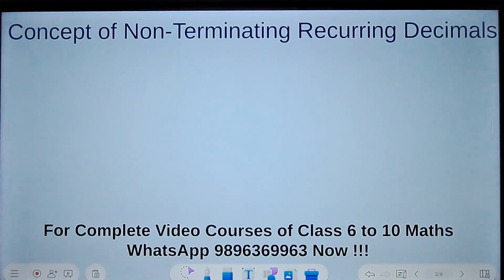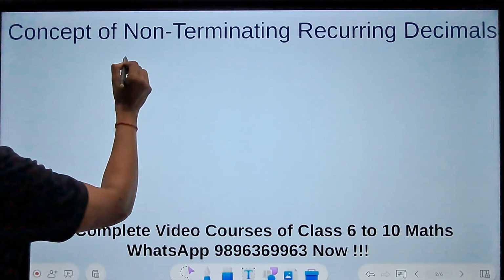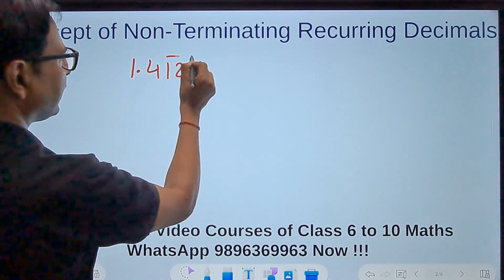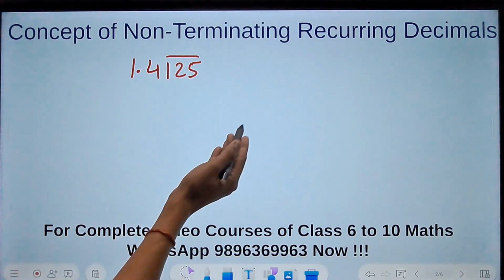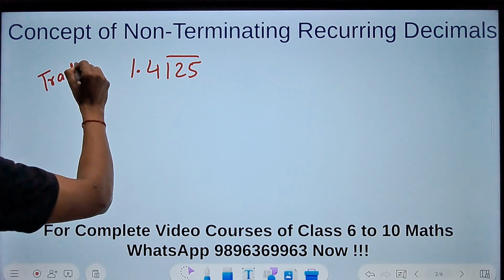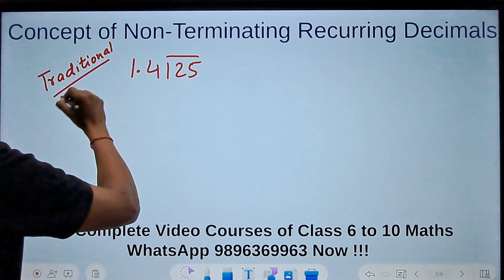So for simplicity's sake, I am taking a question where I have to convert 1.4125 with a bar over 125 in the form of P upon Q. Now what I am doing here on this slide is to take up the traditional approach. Okay.